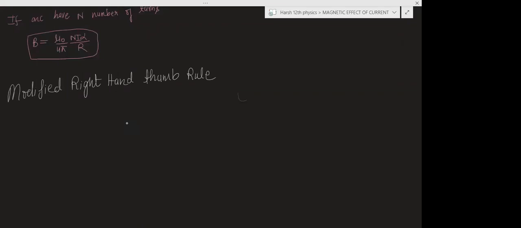So the modified right hand thumb rule. First, we will write the definition. According to this, curl your fingers along the sense of current.